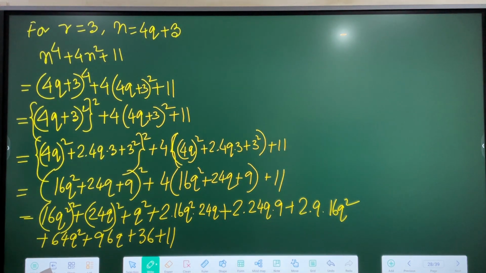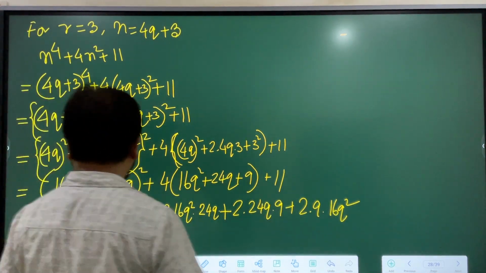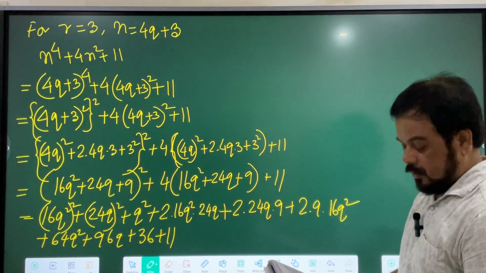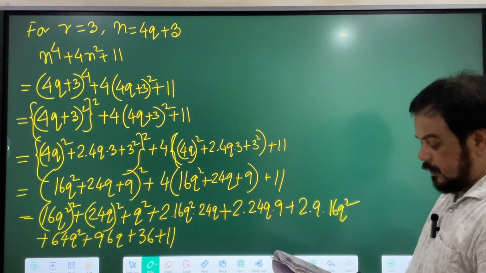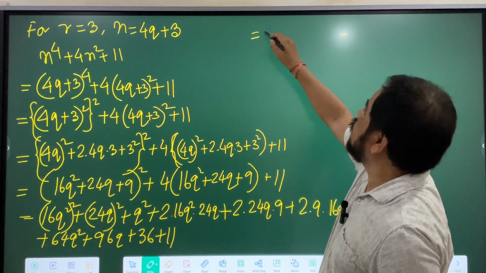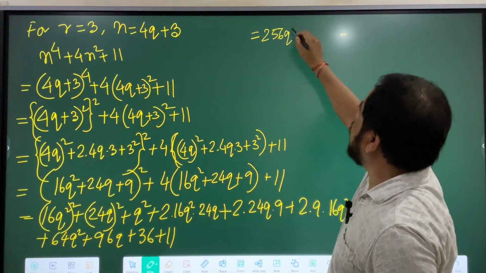So this calculation I am writing directly. 256 q to the power 4.